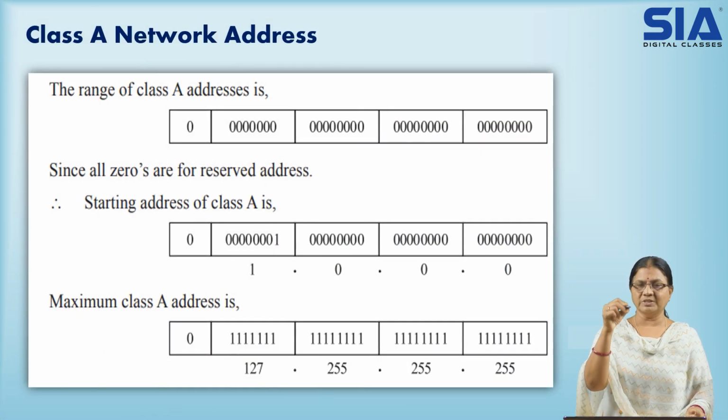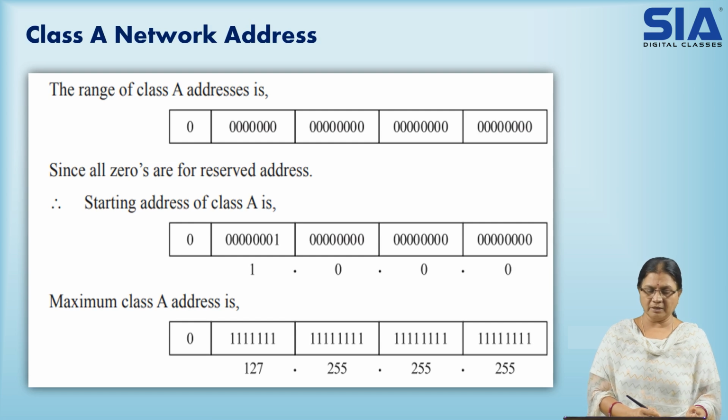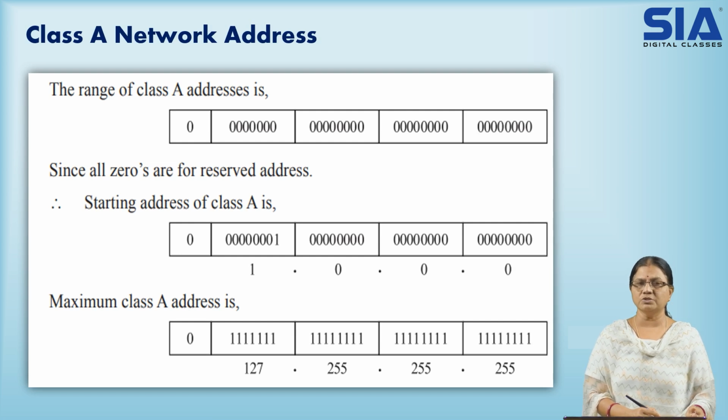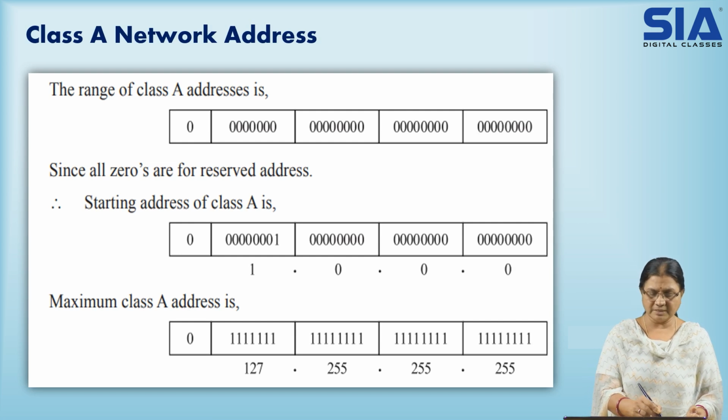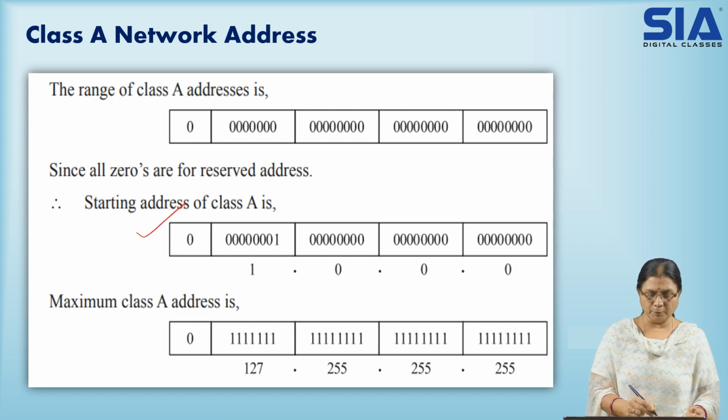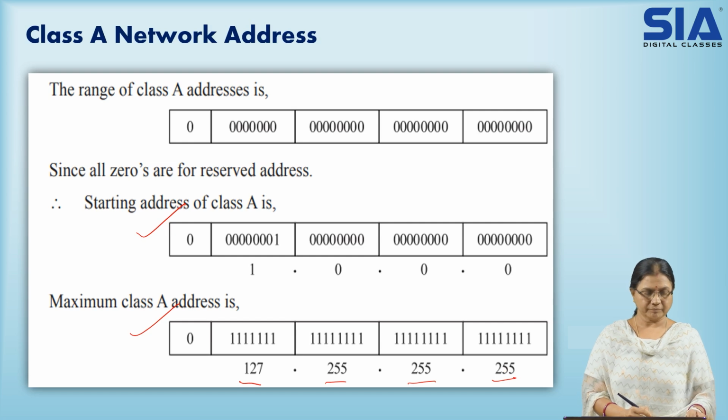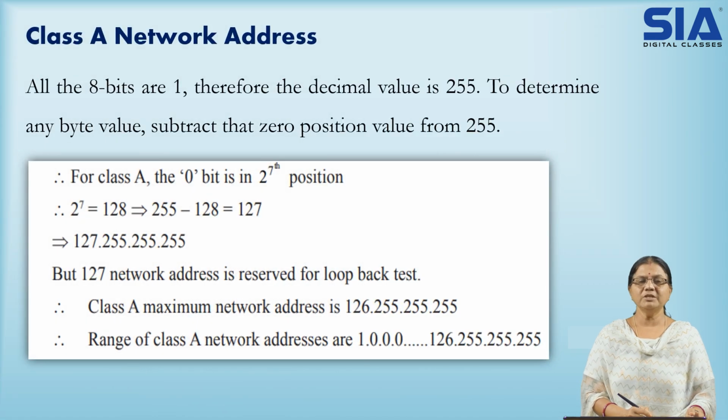Then the structure will be in this way, the range of class A. The leading bit is 0, which is reserved. The starting address of class A is this, and the maximum is 127.255.255.255.